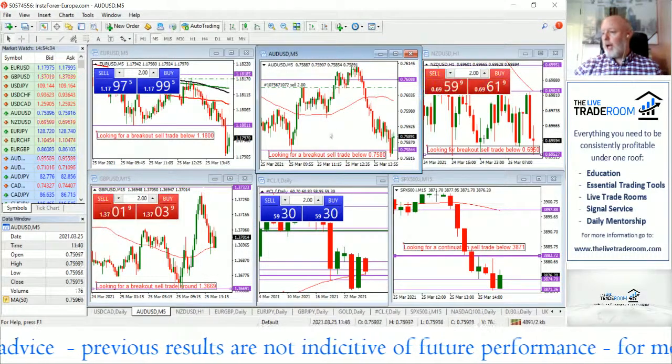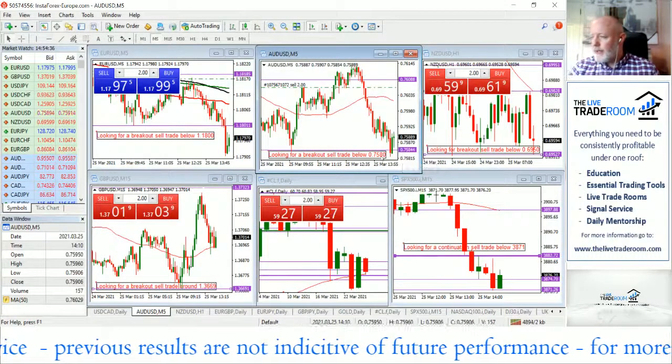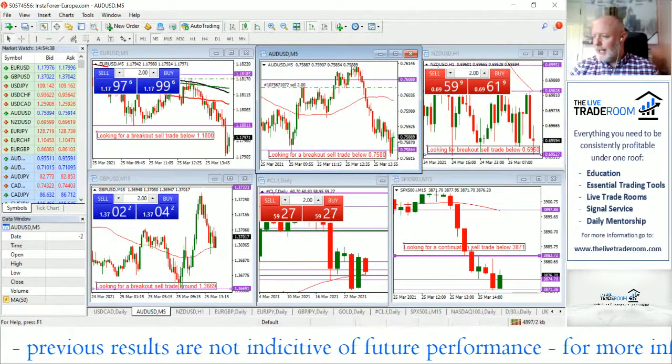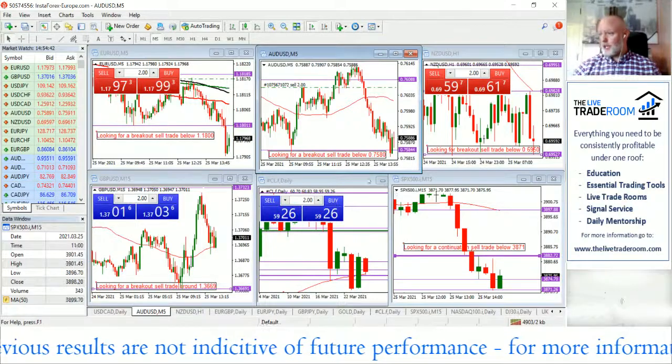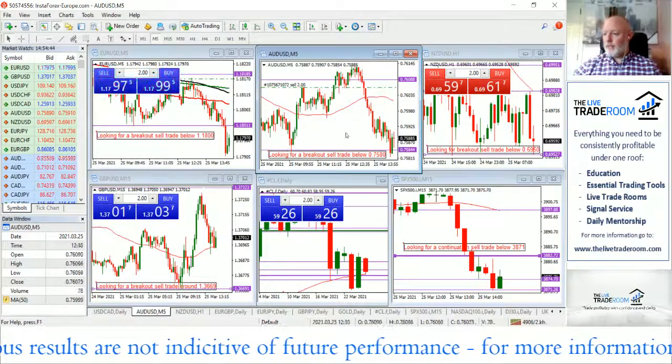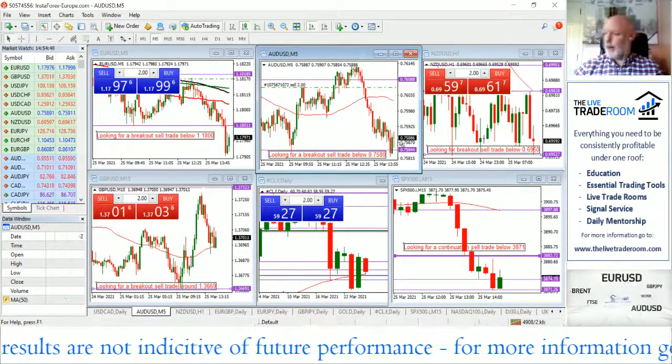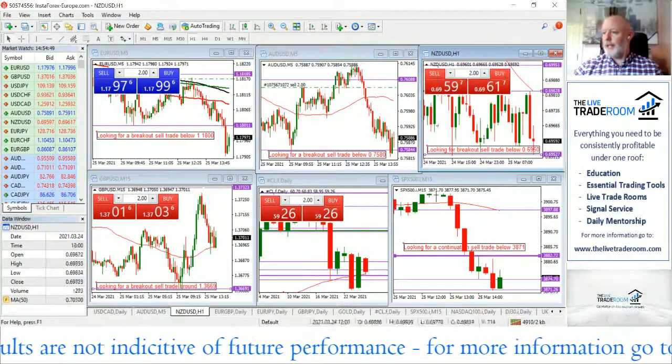There's an opportunity as well in the Aussie dollar below the 75.80. We're just above that level as things stand. So if you get a flush lower, there's a decent high probability sell trade there for you as well. New Zealand dollar.